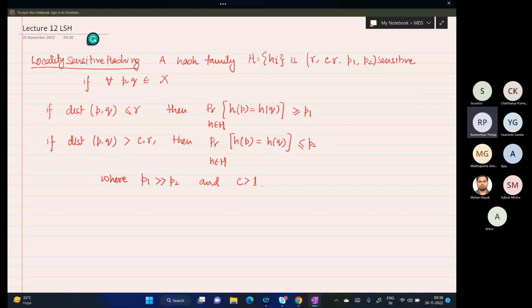And how does this hash function help us to solve the approximate near neighbor problem? Any idea?